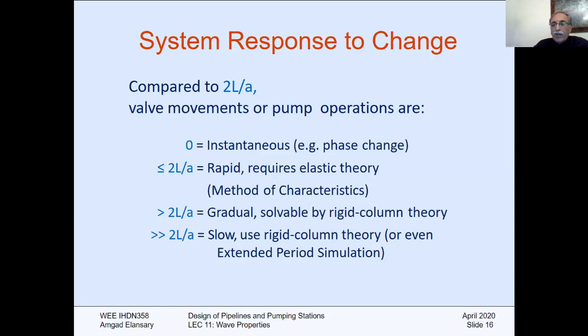Use rigid column theory or even an extended period simulation. In our course, whether it is less than 2L over A or greater than 2L over A, we're going to use elasticity. We're not going to use rigid column theory. Rigid column theory is only valid if we have much greater than 2L over A.